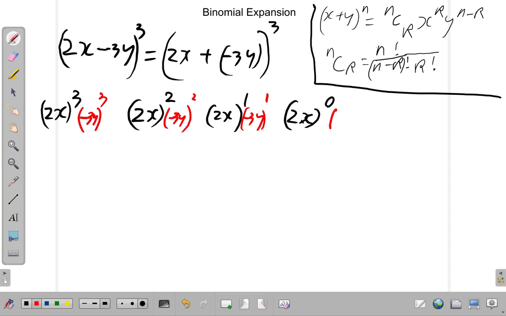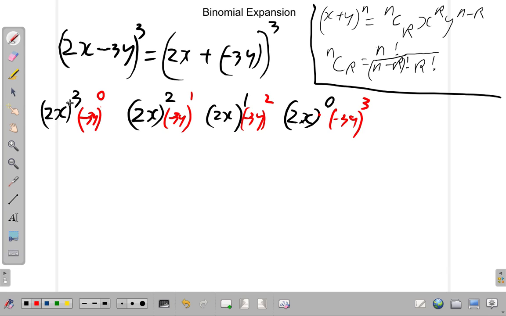And this will be multiplied by minus 3y to the 0. What am I doing? My mistake. Minus 3y starts from 0 and goes up. I hope you detected that and saw what was happening. Negative 3y to the 0, negative 3y to the 1, negative 3y to the 2, negative 3y to the 3.